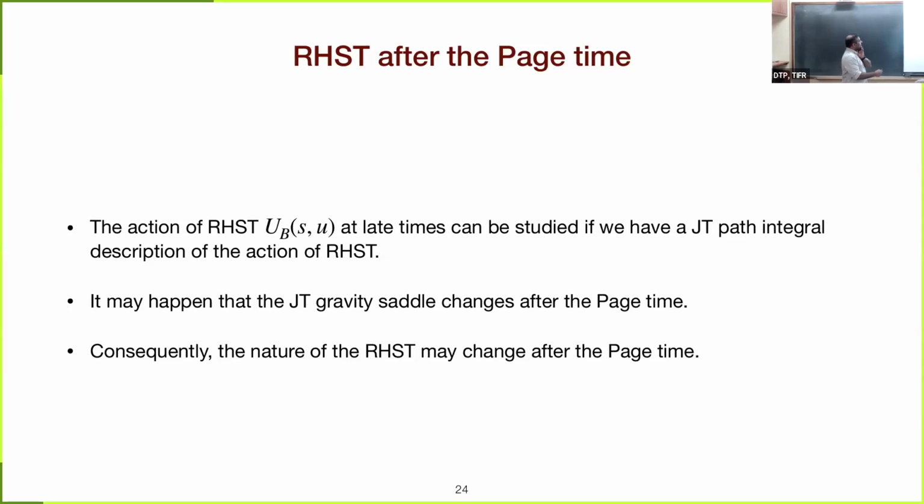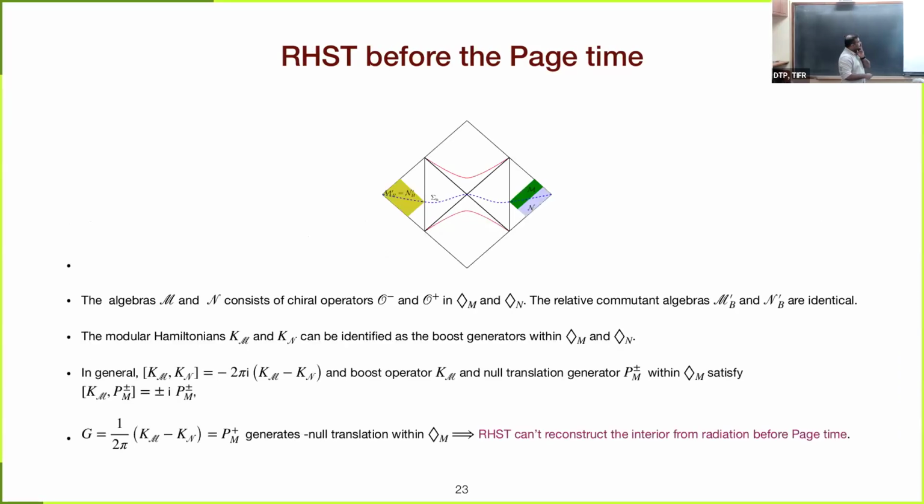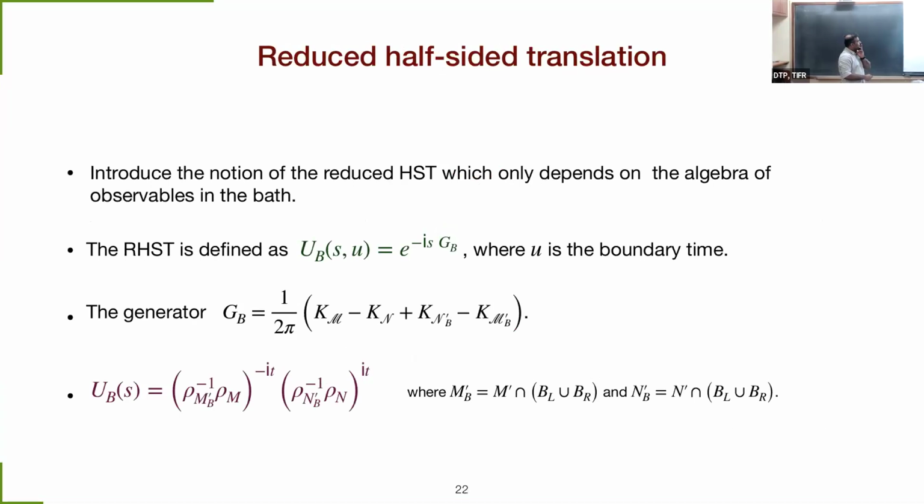So I'm going to assume that the RHST, the reduced half-circle translation, can be studied within the full path integral for full JT gravity. And just naively assume that you find a path integral description of the half-circle translation that we discussed, by using the fact that the half-circle translation operator can be written in terms of reduced density matrices.